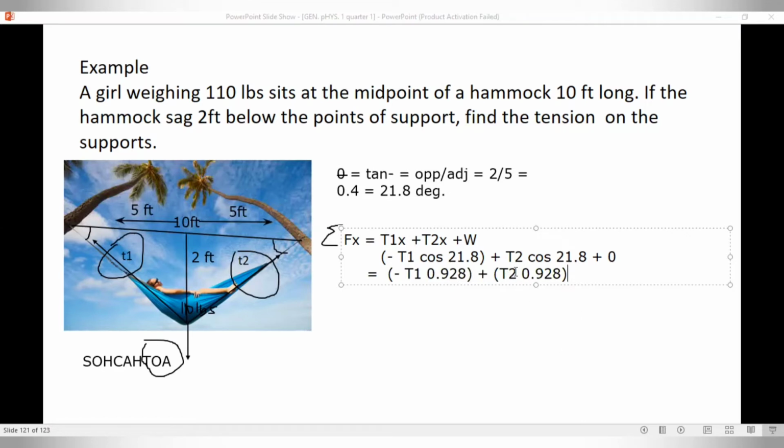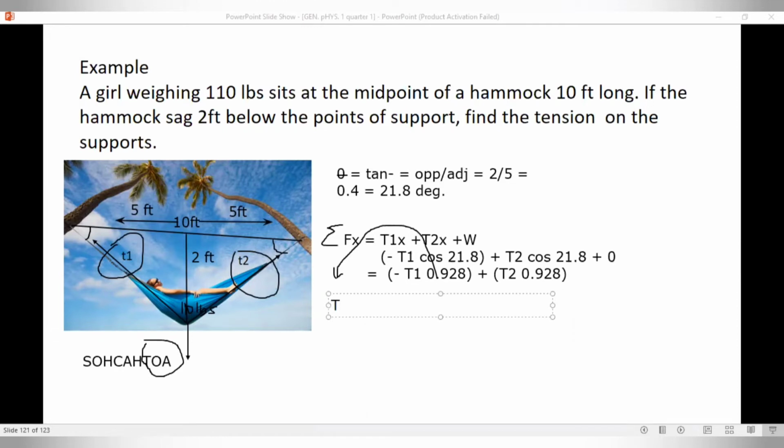Okay? Para makuha natin yung value, itong isa, ilipat natin dito. Ito, ilipat natin dito. Diba? So, ang mangyayari, magiging ganito na. So, ito negative, magiging positive.